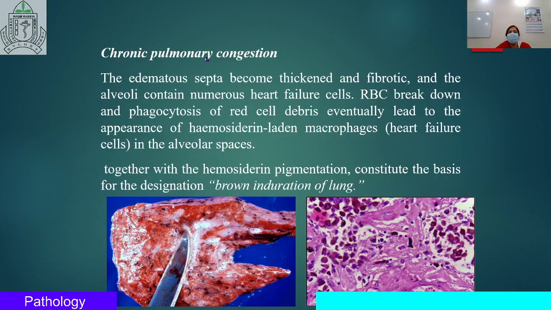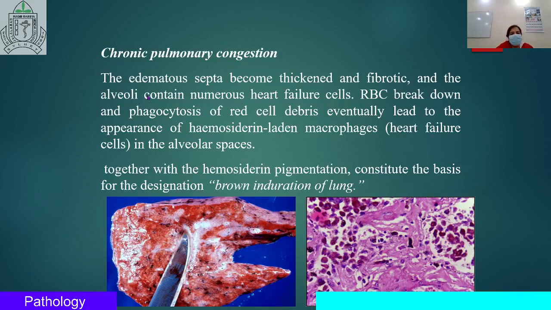In chronic pulmonary congestion, there are also 2 points. The edematous septa become thickened, a continuation of acute pulmonary congestion, becoming fibrotic. And in acute pulmonary congestion, the alveolar space contains alveolar hemorrhage.